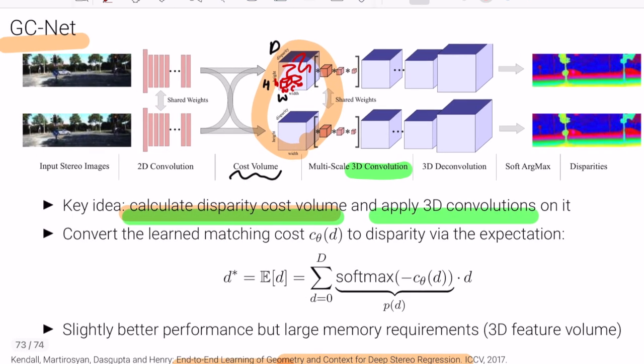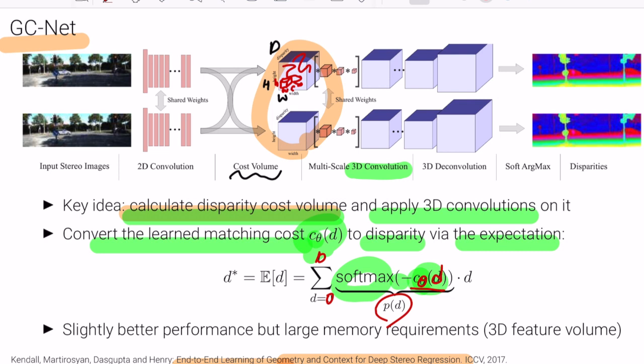And then convert the matching cost C of T to the disparity via the expectation, like the softmax of the negative C theta of T. C theta of T is just the output of the network with parameter theta for the disparity candidate T. So we can consider this a kind of probability at disparity T. Because we consider T equal to 0 up to the largest T, by aggregating all possible T with the probability P of T, we finally find this term.